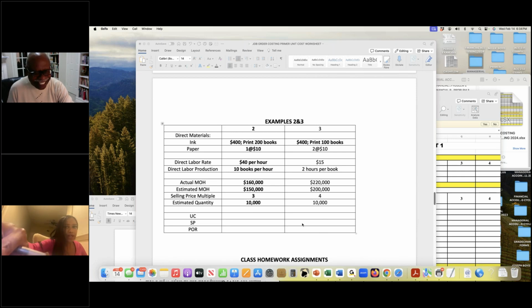I did not, I'm not gonna lie. Okay, well, take 15 minutes, review this material, then attempt to make this calculation. This is what your quiz will be like next week. You'll be given this information and told to calculate these three things. Right now, we're just doing unit cost and selling price.